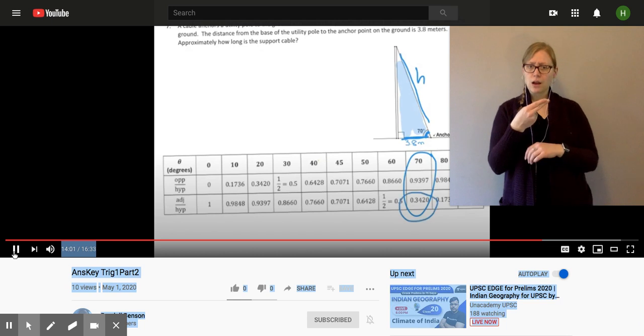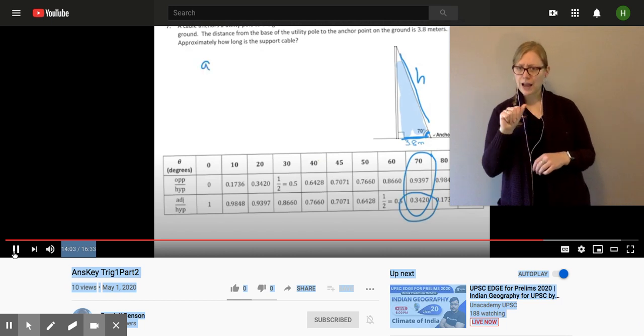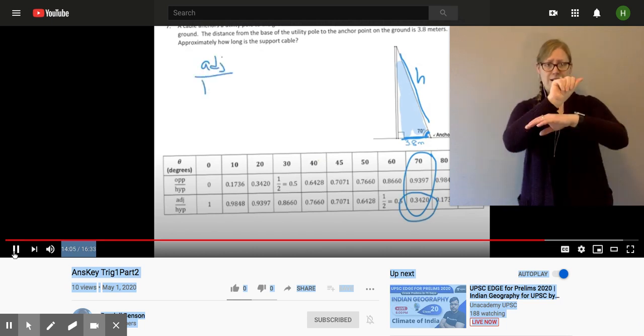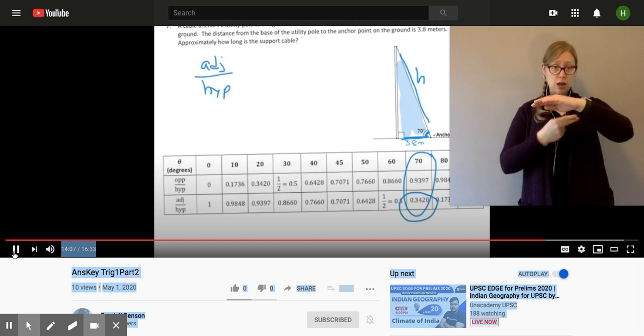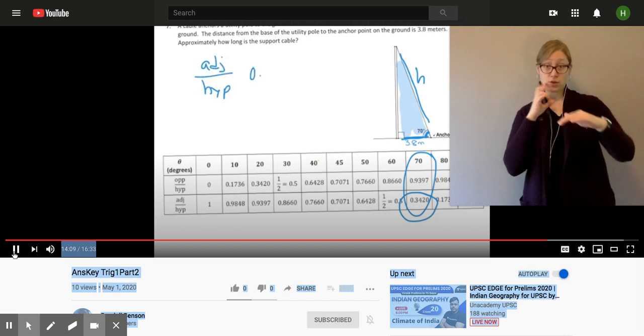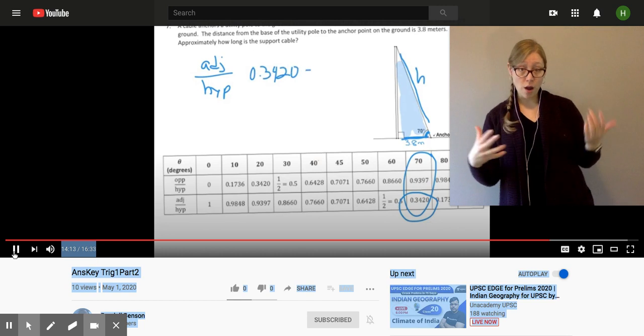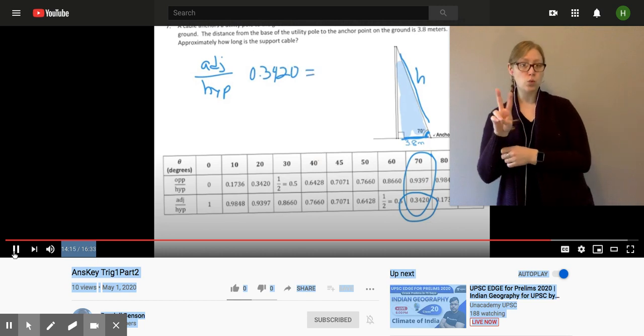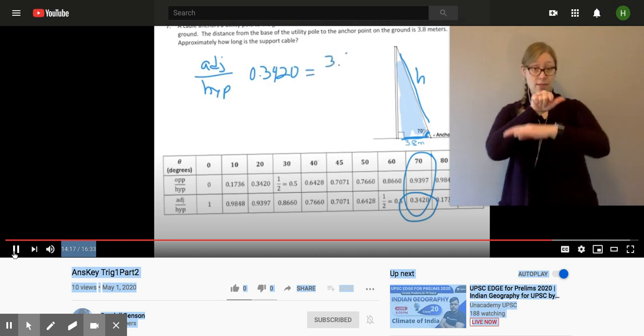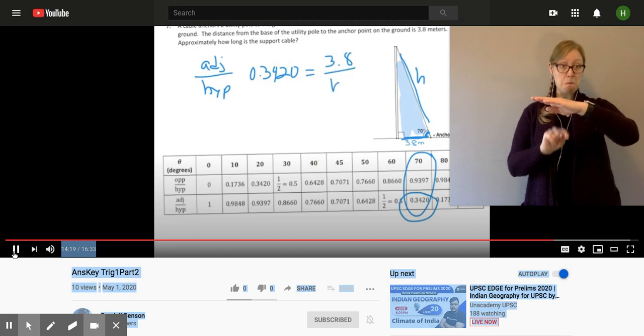So that's this one. And so adjacent over hypotenuse, we know that that ratio for a 70-degree angle is 0.3420. And I know that my adjacent side is 3.8, and my hypotenuse is h.